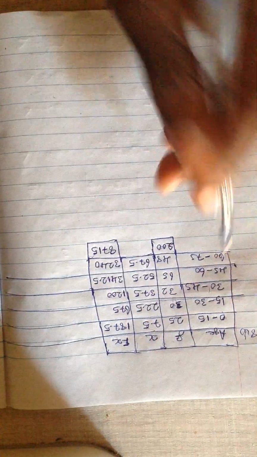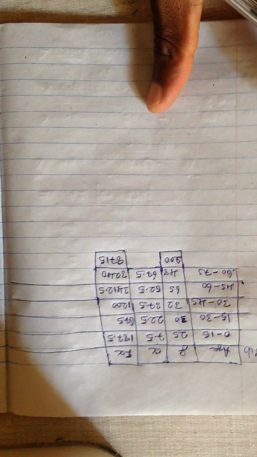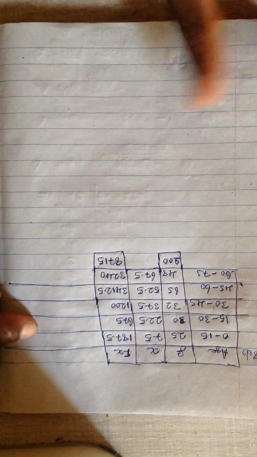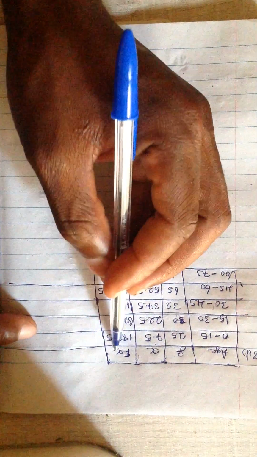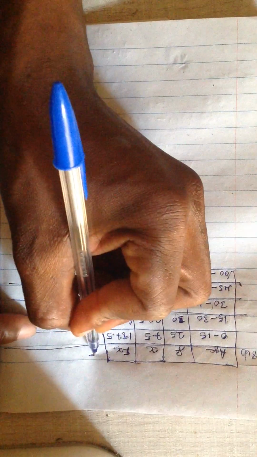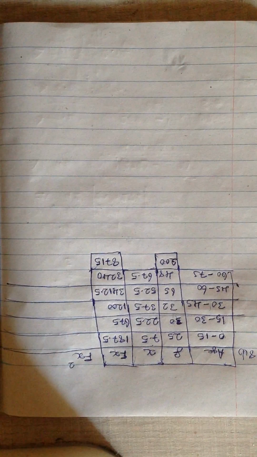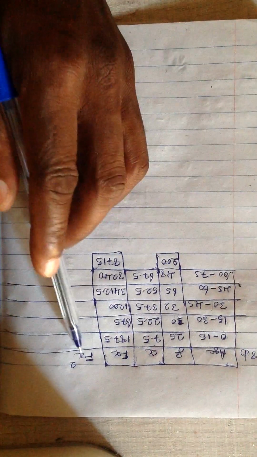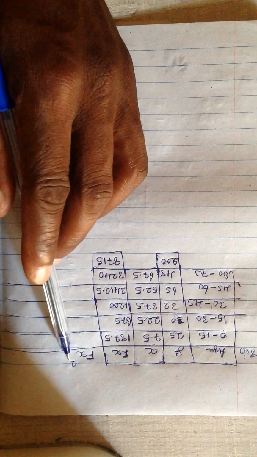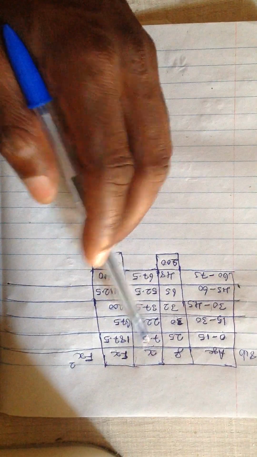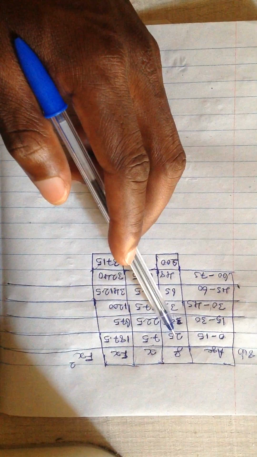Okay, what next? I proceed. Since I have fx, what follows is fx squared. This is where I was saying that when it comes to the x squared part, I will be doing it directly.